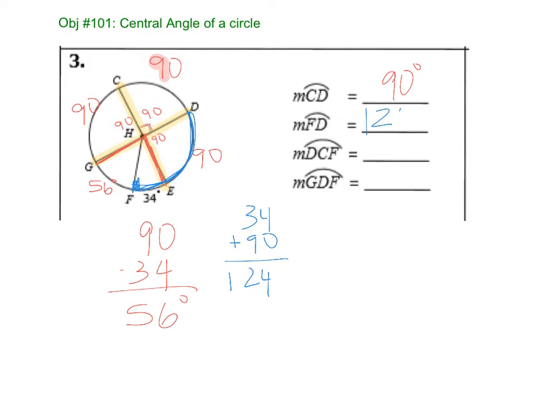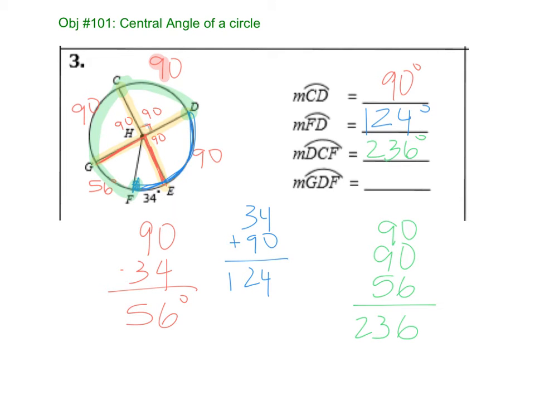We got DCF. So D, C, F. So order is important. So for that one, we are adding 90, 90, and 56. 236.